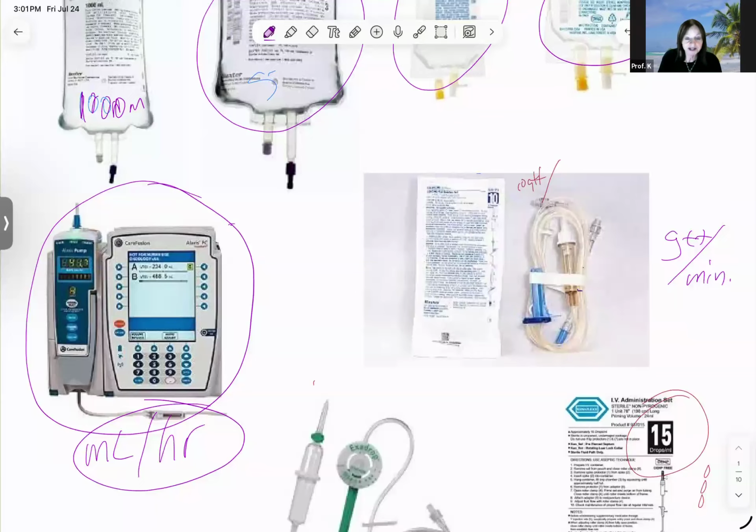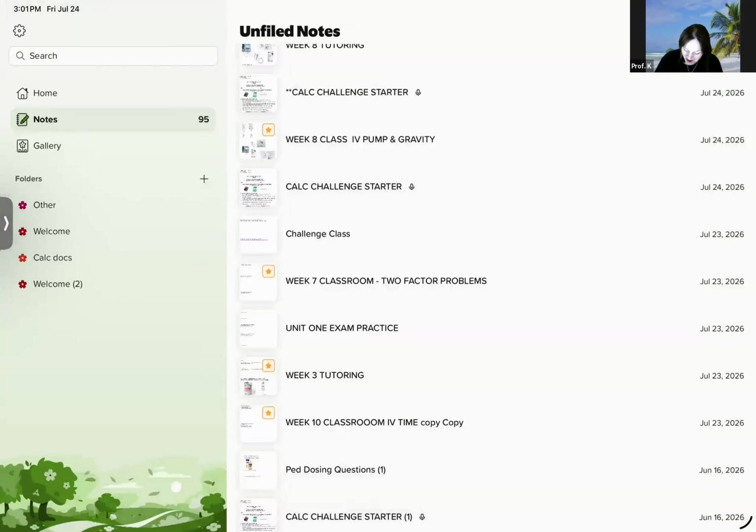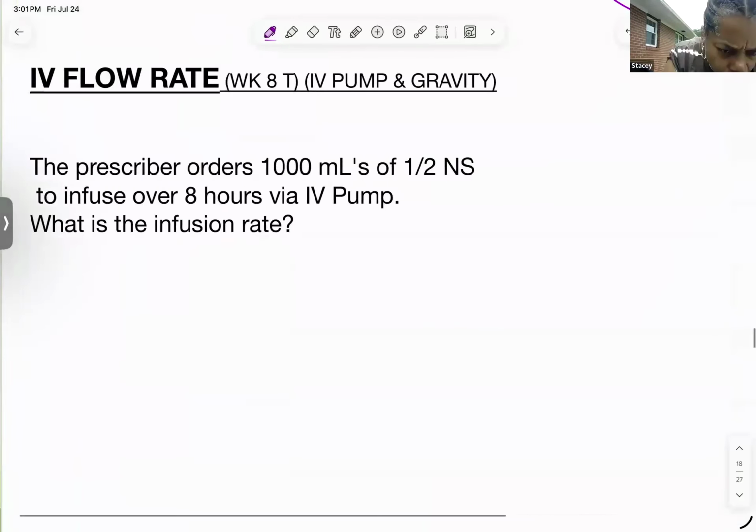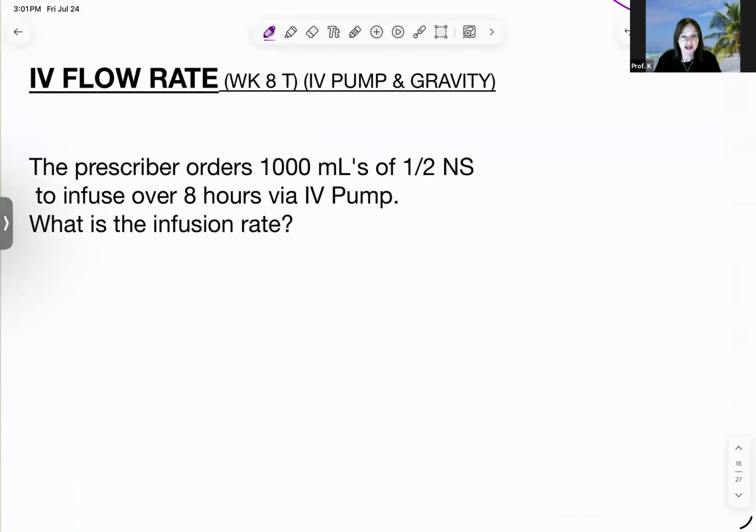So one is a pump and one is gravity. I'm going to be talking about the two different ways you can give fluids. And the words I'm going to tell you hopefully will resonate and remind you when you're taking the exam and in your practice, because when you start practicing, you have to take calc exams for your jobs.